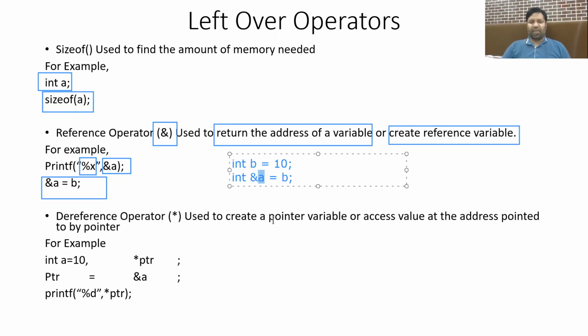Only one variable is created, only one memory location will be allocated. The value at that memory location is 10, but it has two references, or two names. One is called b and one is called a.